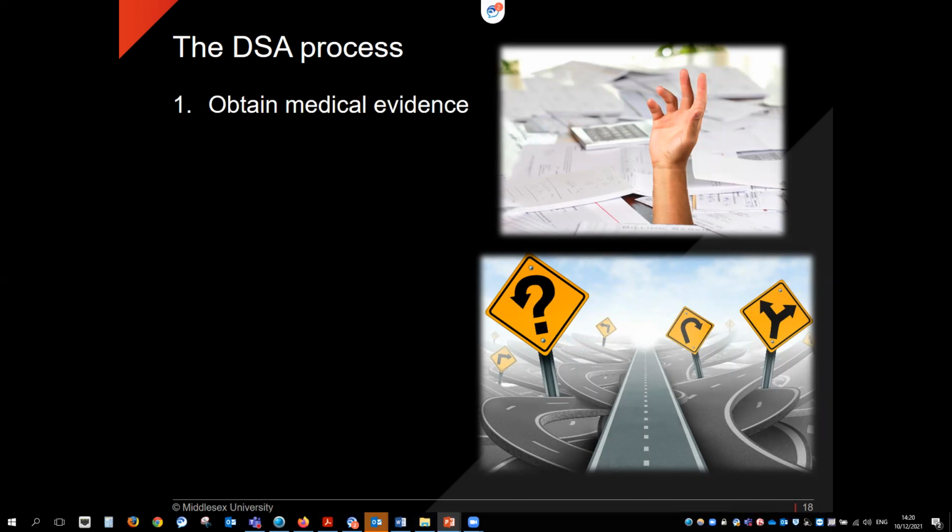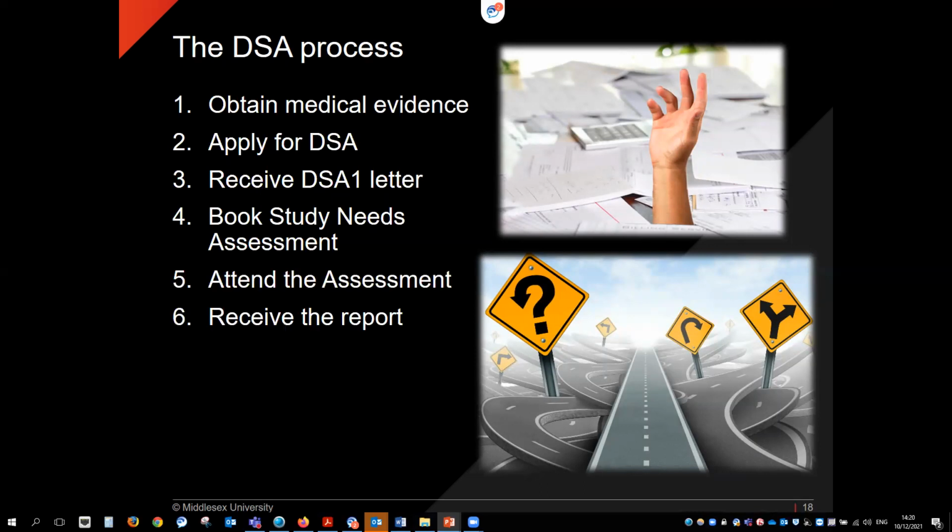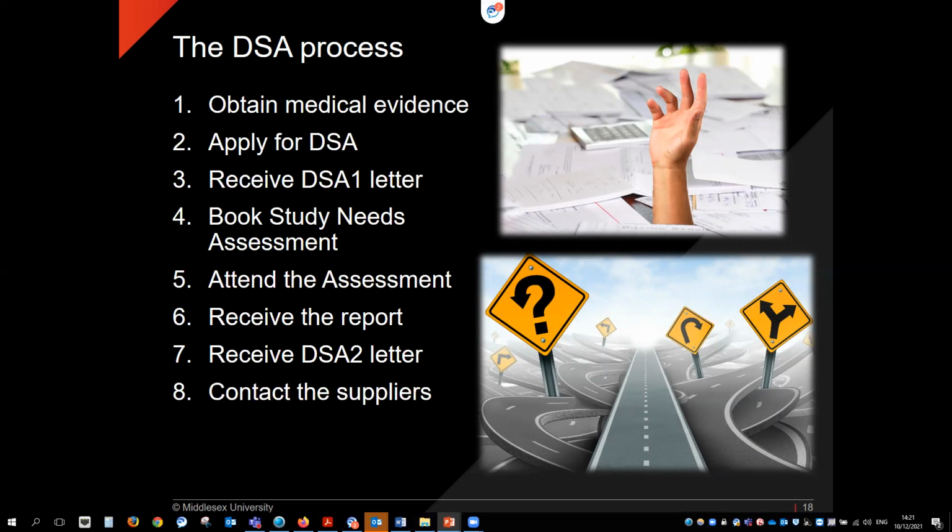So there are 8 steps in the process. The first one is to obtain the medical evidence, then apply for DSA, receive the DSA letter, book study needs assessments, attend the assessment, receive the support, receive the DSA2 letter, and then contact the suppliers of support that have been approved by DSA.